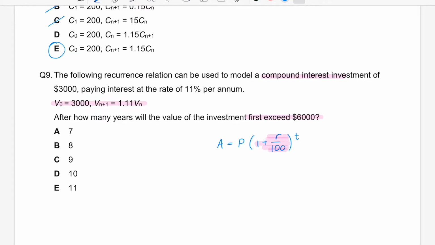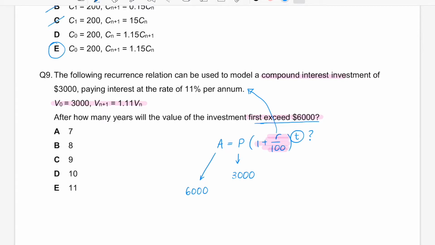That is our interest rate per annum. Our principal amount happens to be $3,000, and we know that we want our total amount to be $6,000. Given that the question asks us when it will exceed $6,000, what we're trying to solve for is T.